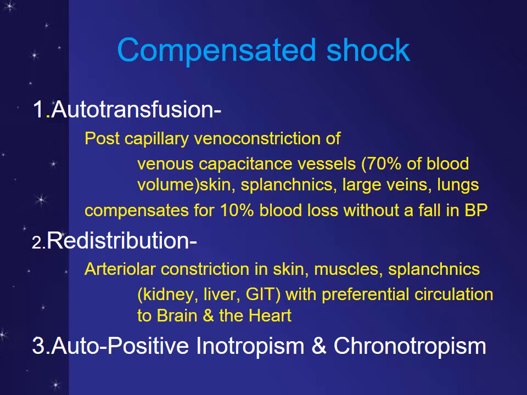And another important thing that is happening is autoinotropism and autochronotropism. So in positive inotropism, cardiac contractility will be increased, and in positive chronotropism, the heart rate will be increased.